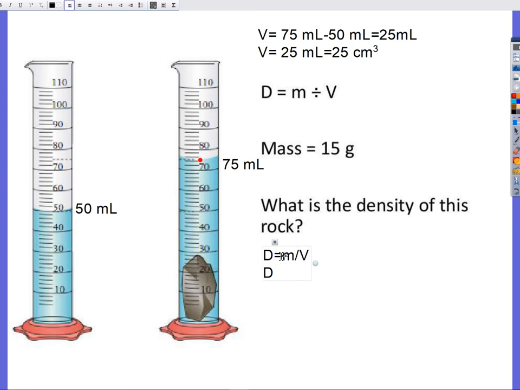We're going to take 15 grams divided by 25 centimeters cubed, which should give you 0.6 grams per centimeter cubed.